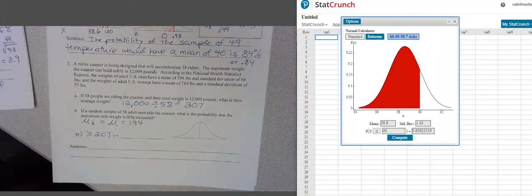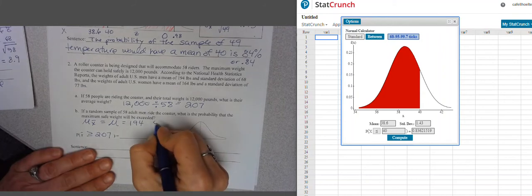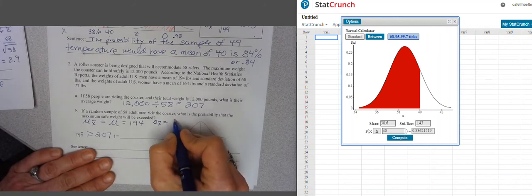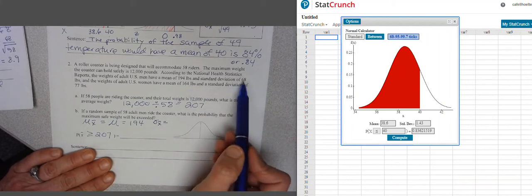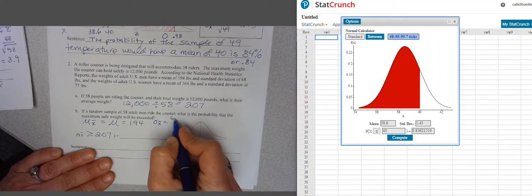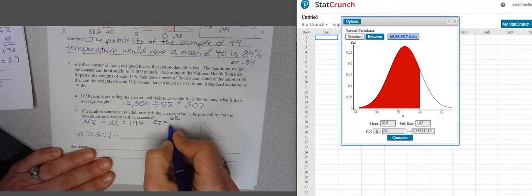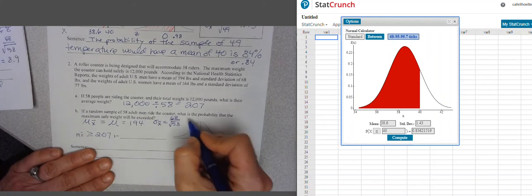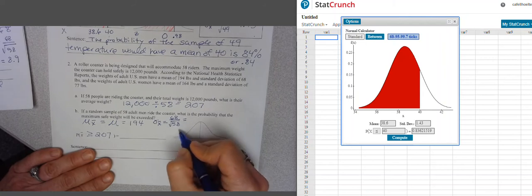We also know the standard deviation of our sample is the standard deviation of the original population, which was 68, divided by the square root of our sample size, which is 58. If we do the math, the standard deviation of our sample is 8.9.